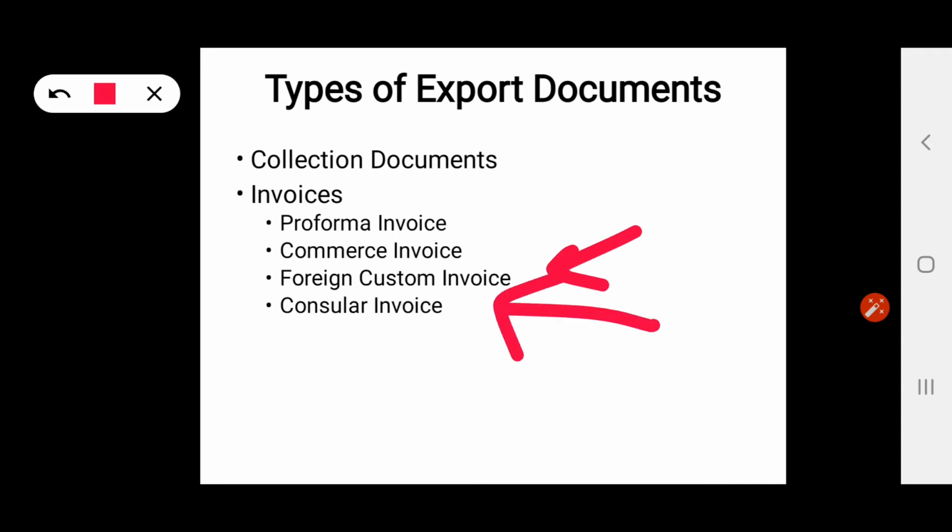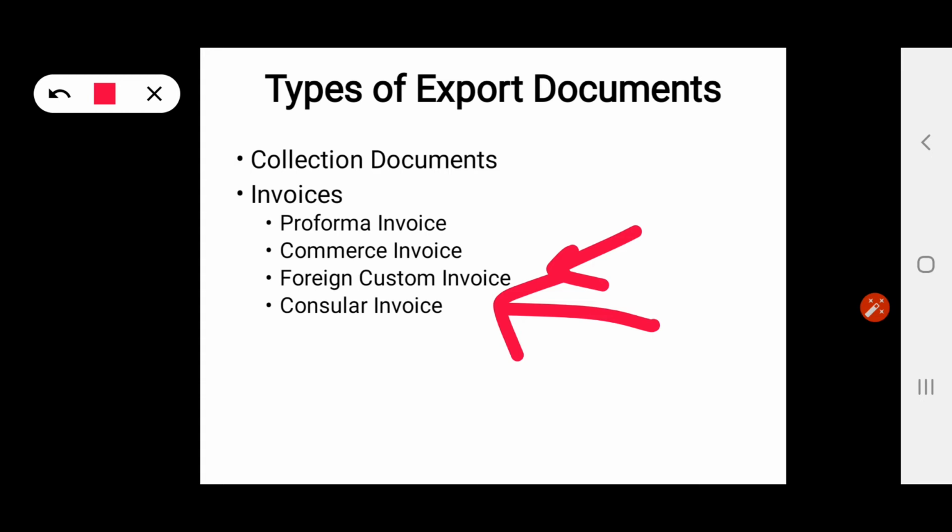And the fourth one is the consular invoice. Many countries notably require legalized documents. This consular invoice is a descriptive document prepared by the exporter in the language of the buyer's country on an officially prescribed form supplied by the buyer's country government.